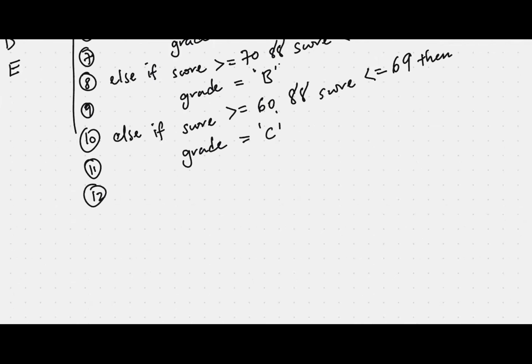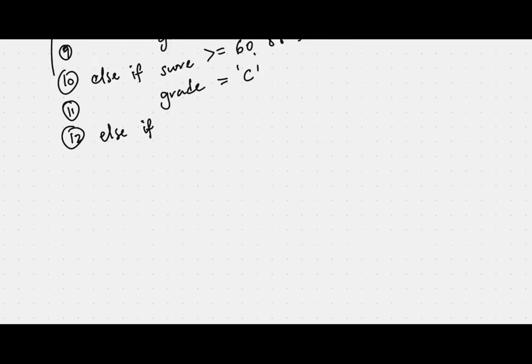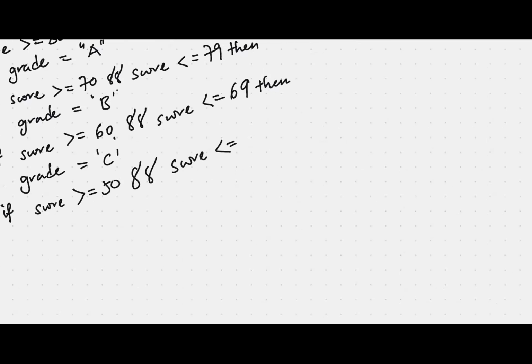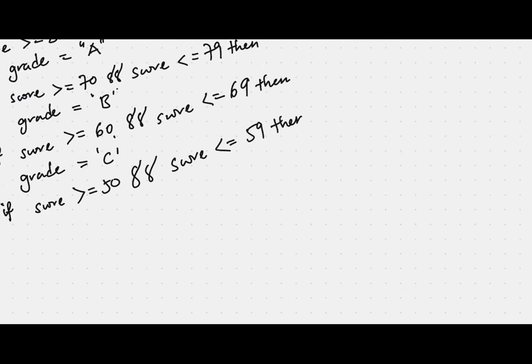Number 12, else if score is greater than or equal to 50 and score is less than or equal to 59, then we set the grade equal to D. So we have the last one to do.